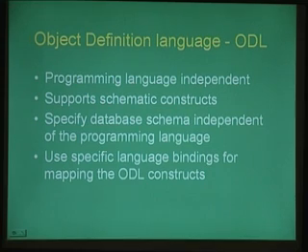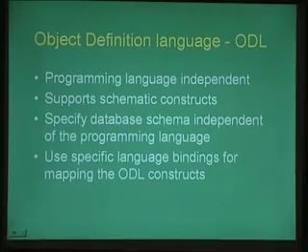What is meant by programming language independent mechanism? That is, you can have the same ODL definition interface with, let us say, Smalltalk or Java or C++ or any other programming language, and it supports different kinds of schematic constructs that define structural elements of objects, and it can specify the database schema.